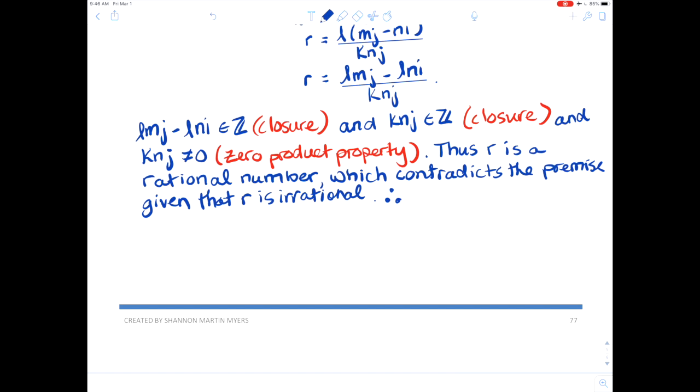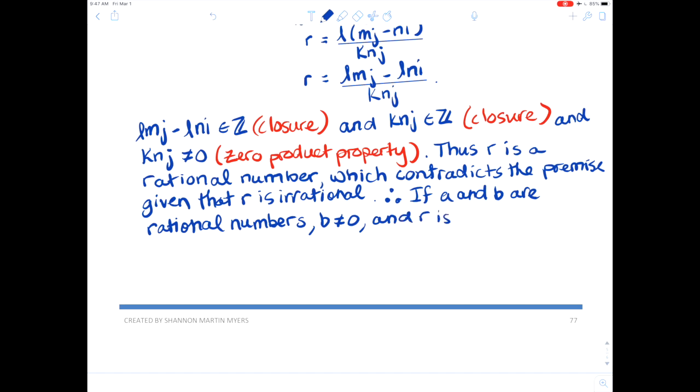If A and B are rational numbers, B is not equal to 0, and R is an irrational number, then A plus B times R is irrational.